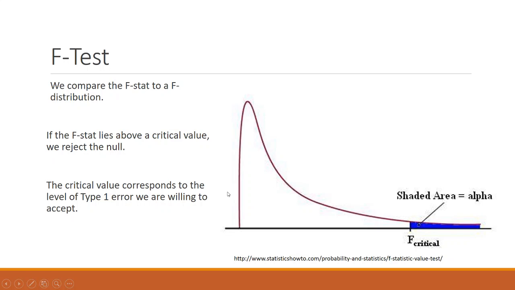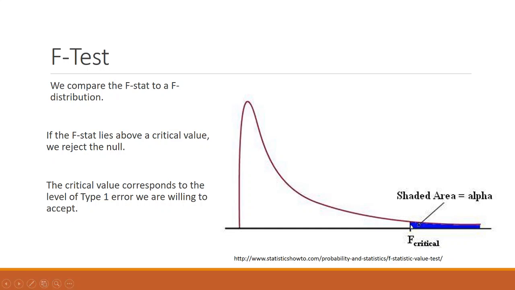An F distribution looks like this. It's cut off at one end, it peaks really quickly, and then it trails off for a long time on the right end. What we are looking for is whether or not our F statistic lies within the critical F region, this really unlikely region of the F distribution. It functions the same way as a t-test. If your F statistic is big enough, you'll reject the null hypothesis.